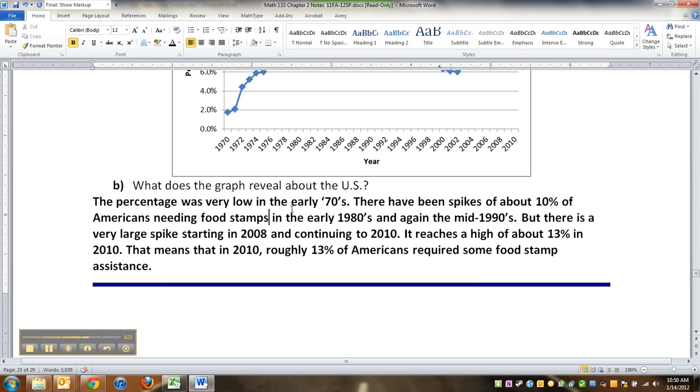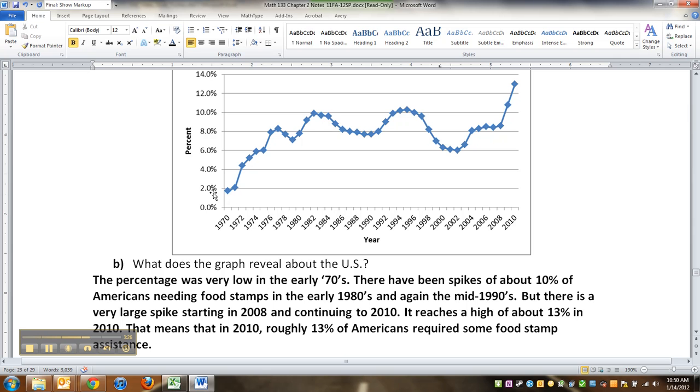There we go. So the percentage was very low in the 70s, right? And there have been spikes at about 10%. We got a 10% spike here in the early 80s. We got another one in the early 90s. We achieved a low again.